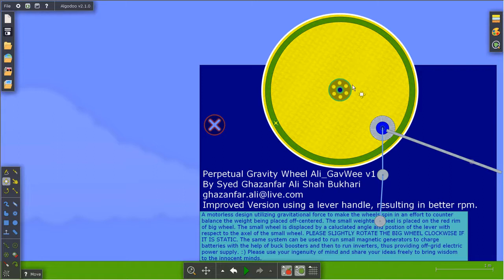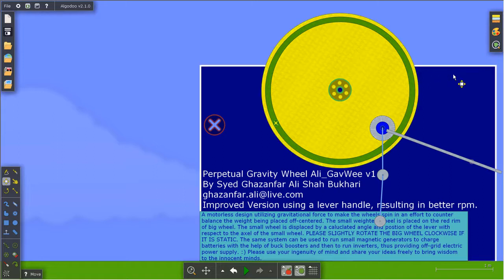This is a wheel which is connected to this back block through an axle, and it has a rim running close to its circumference, and there is a small wheel placed inside, but it tends to roll down to this point due to gravity, but because the axle of this wheel is connected to this lever, which is again connected using an axle to this back block, it remains at this position.